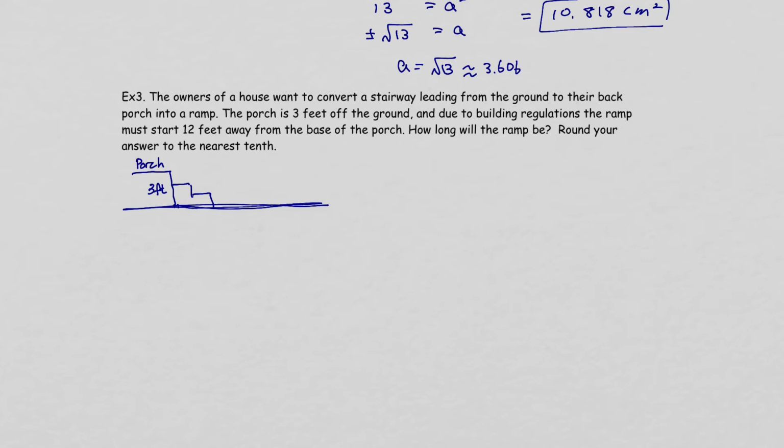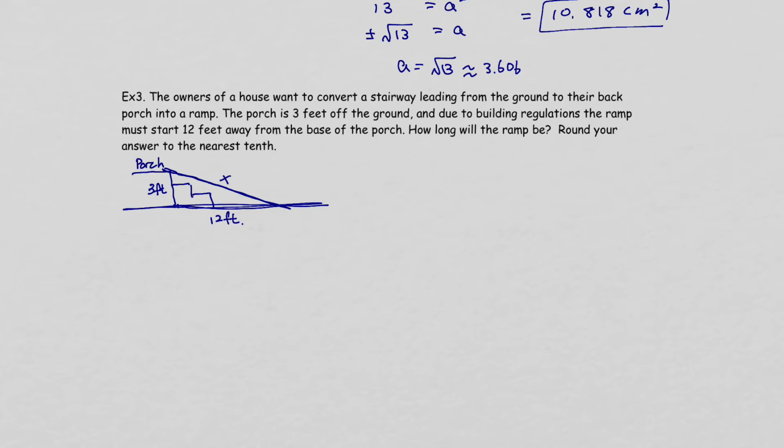But then the new ramp you want to build will look like this. And we know that the distance has to be 12 feet. And they want to know what the length has to be.